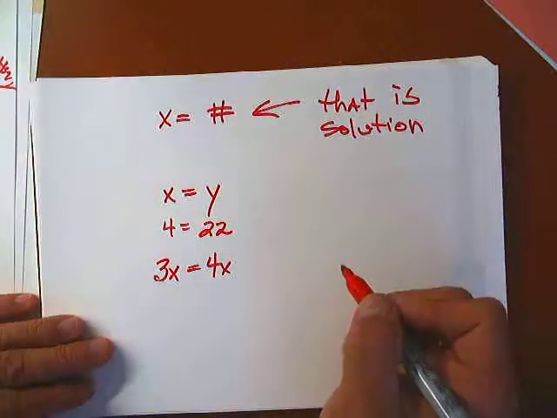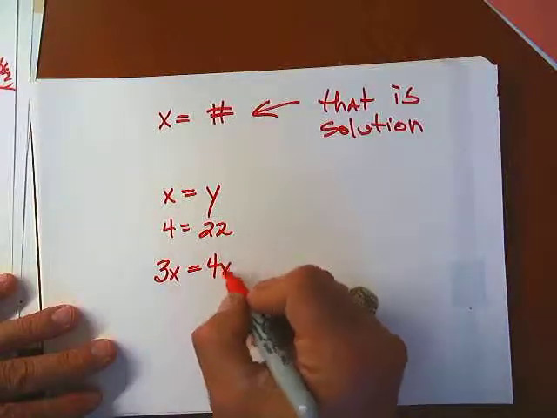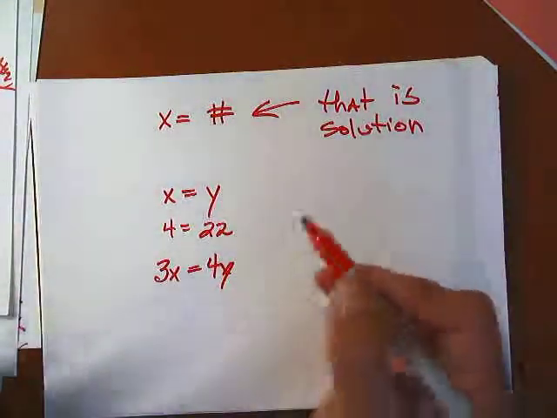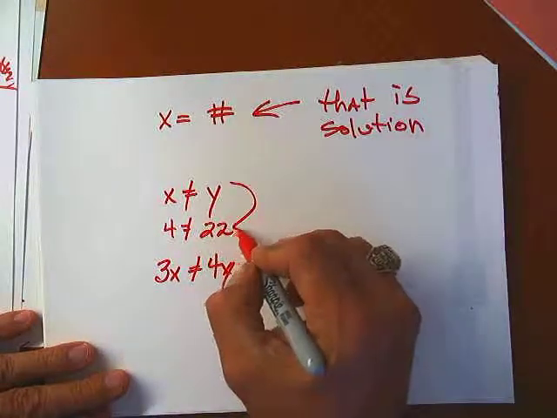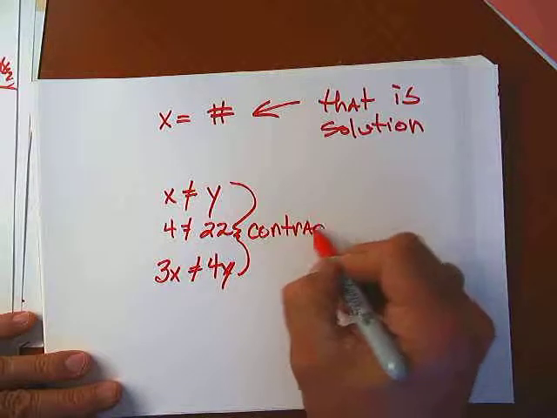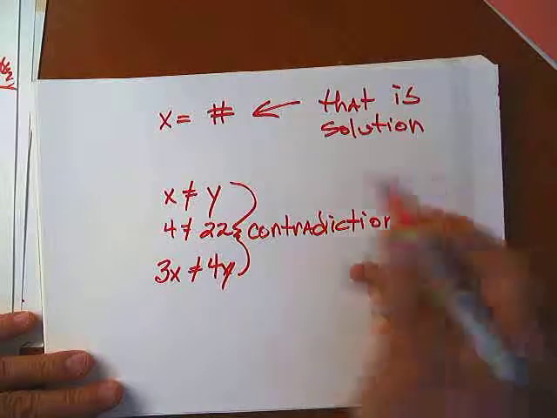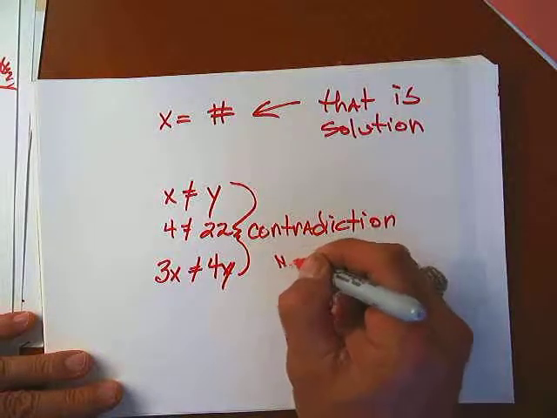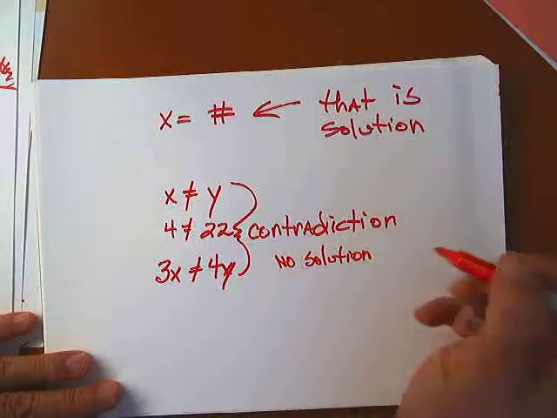And what if you get x is equal to y, which cannot happen, or 4 is equal to 22, or 3y is equal to 4y? You get something that doesn't equal.